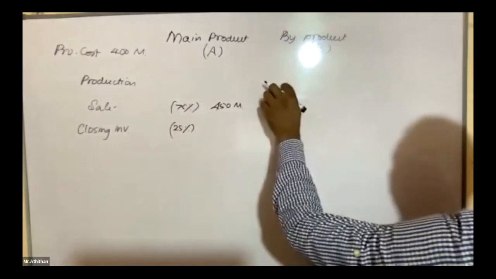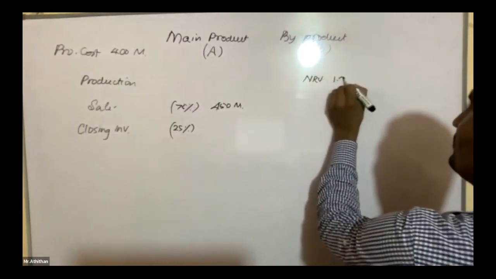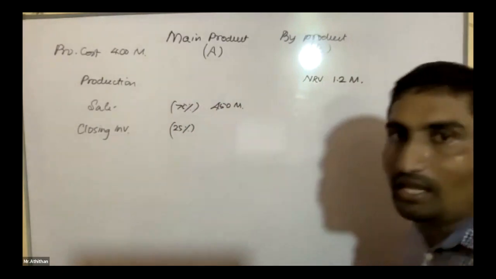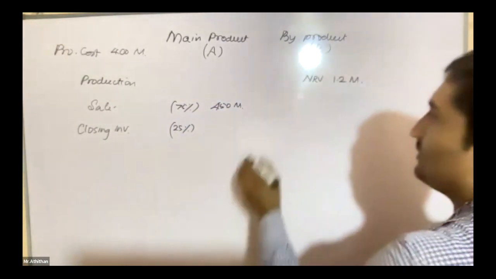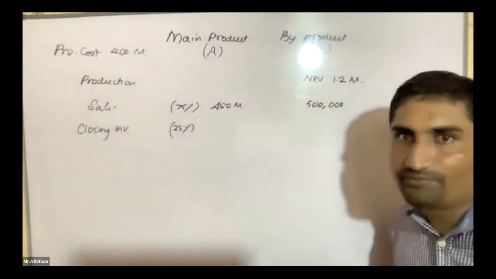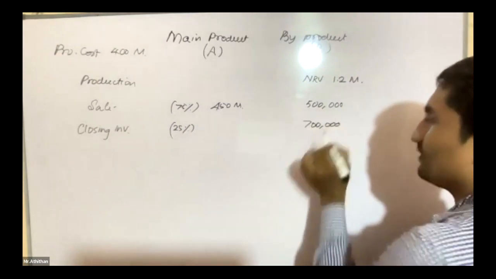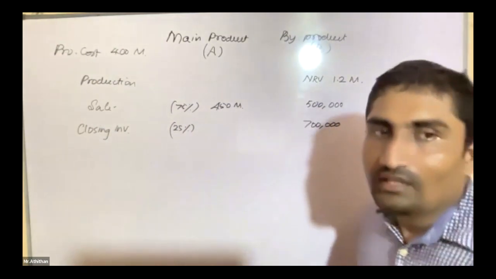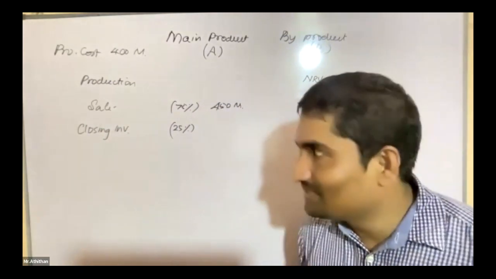So production NRV is 1.2 million. Of this output, 500,000 was sold, and 700,000 is in inventory. Now calculate the profit for November using the 4 methods.